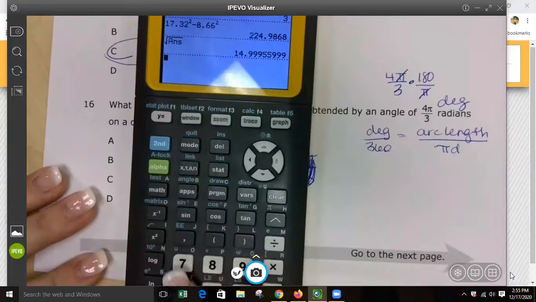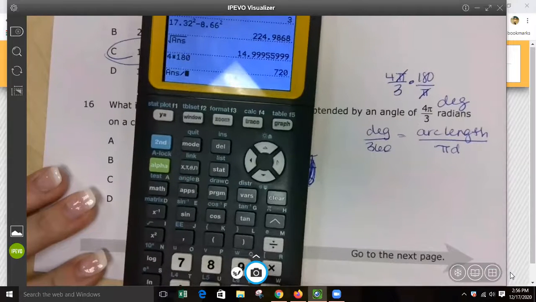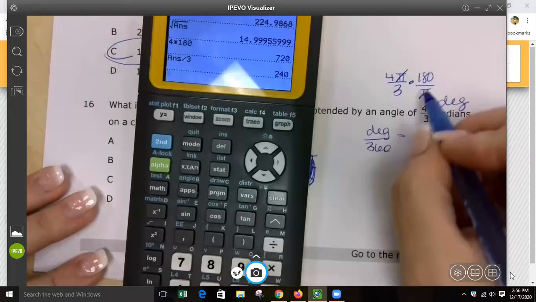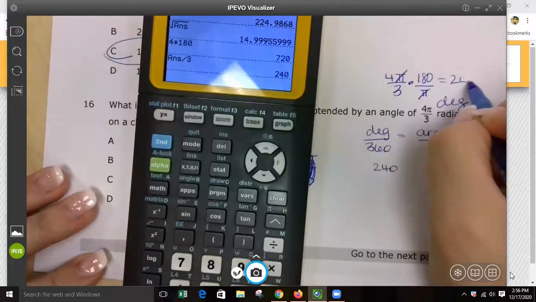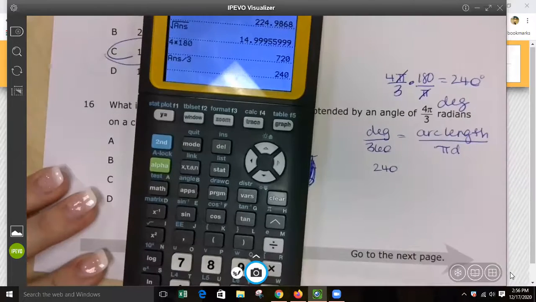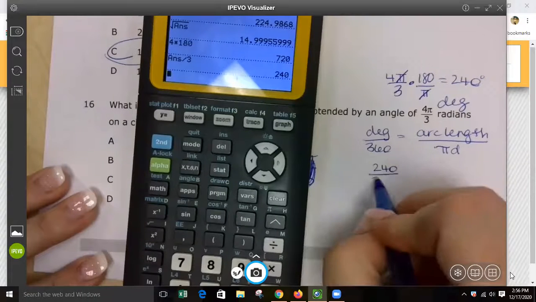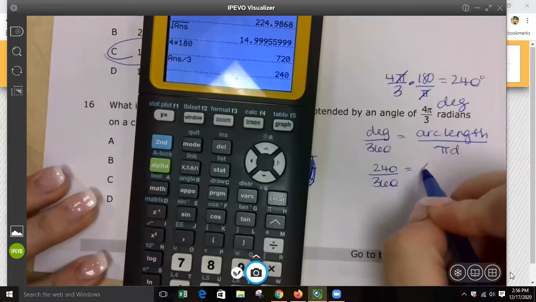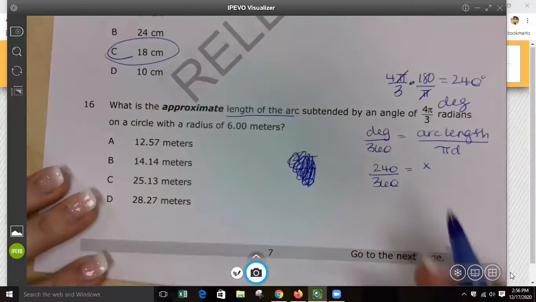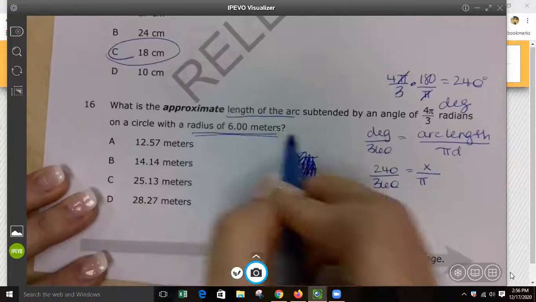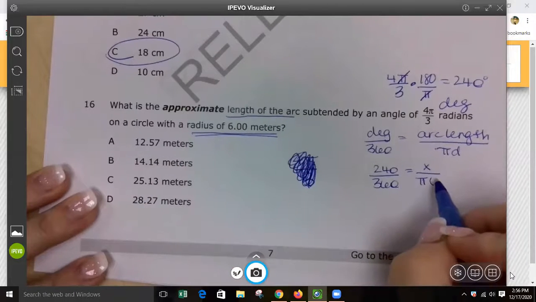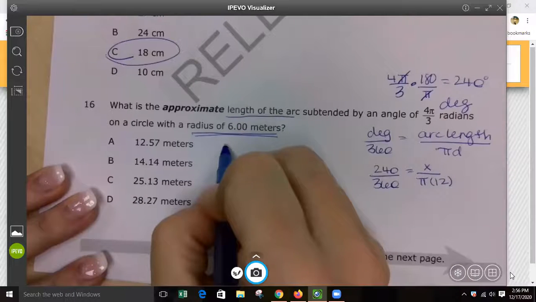You do 4 times 180 divided by 3, and you get that your degree is 240. Okay, so 240 over 360. We're looking for the arc length over pi, but we have a radius of 6 meters. So the diameter would be 12.